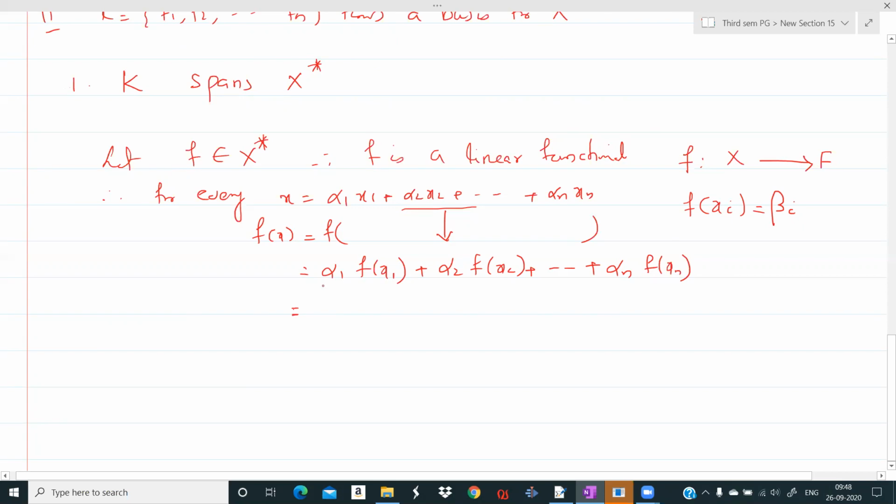And we already observed that what is this alpha 1? x നെ ഇങ്ങനെ യൂണിക് ആയിട്ട് റെപ്രസെന്റ് ചെയ്യുമ്പോൾ അതിലെ x1ന്റെ കോഎഫിഷ്യന്റ് f1 of x ആണ്. That is alpha 1. So that is the definition of f1.